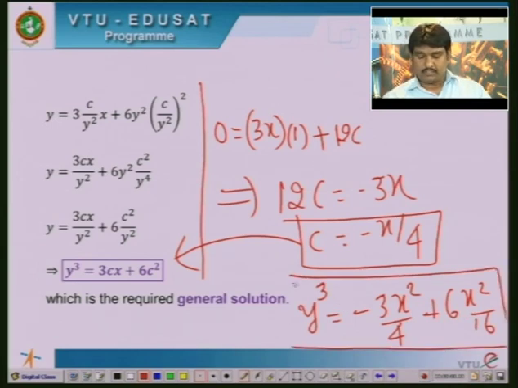Okay, this is the singular solution of the differential equation which satisfies the differential equation, but it cannot be obtained from the general solution by giving any arbitrary value to the constant like 4, 5, 6.